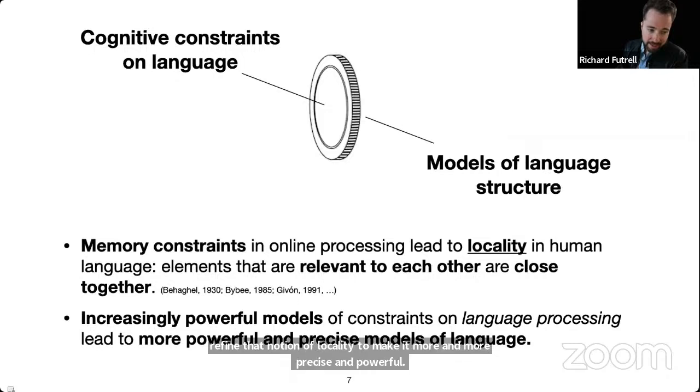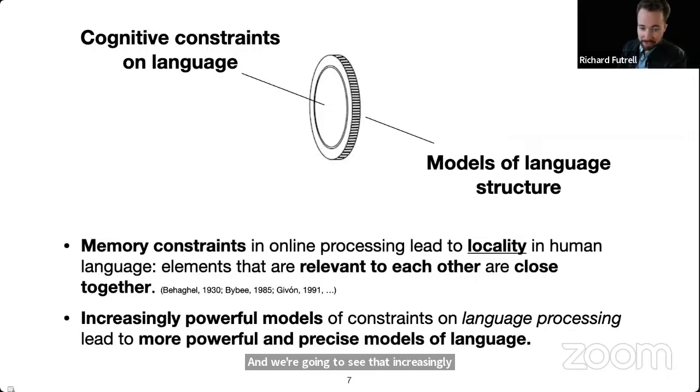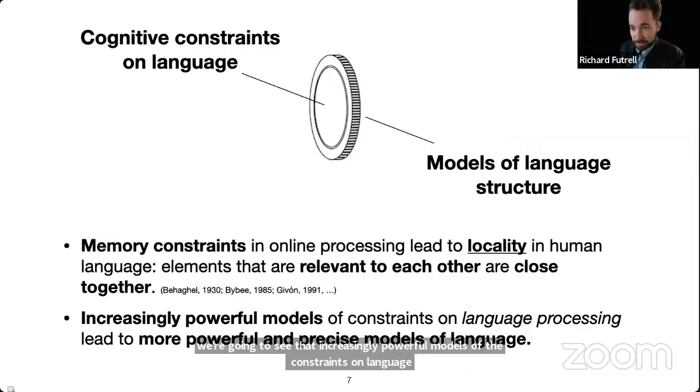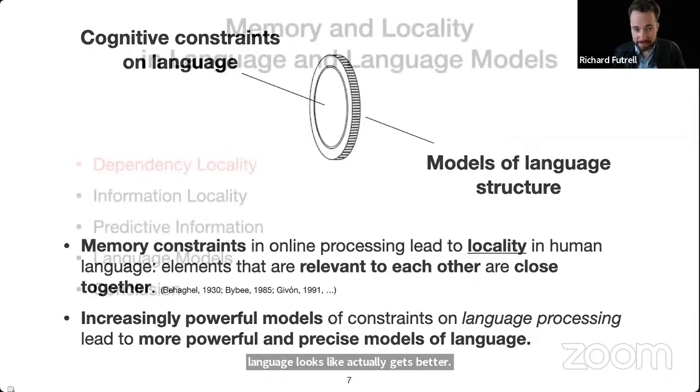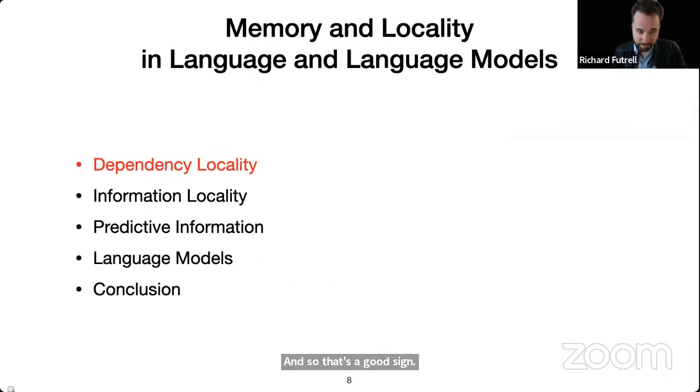And we're going to see that increasingly powerful models of the constraints on language actually give us more powerful and precise models of language itself. I think that's evidence that this kind of approach is on the right track. Basically, as our memory model gets more principled, our model of what language looks like actually gets better. And so that's a good sign. So let's go to it.